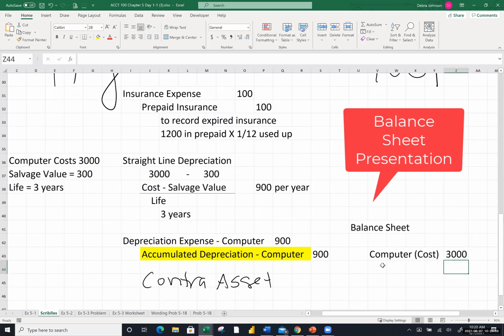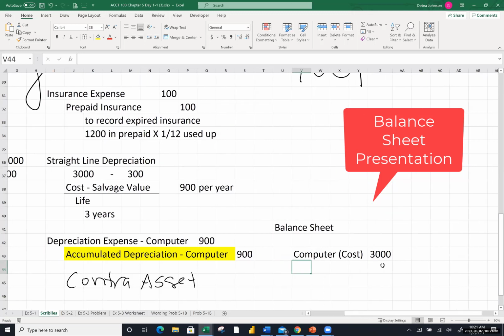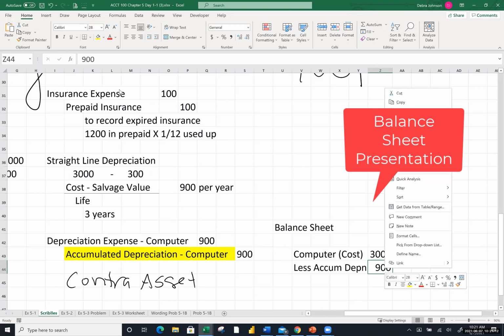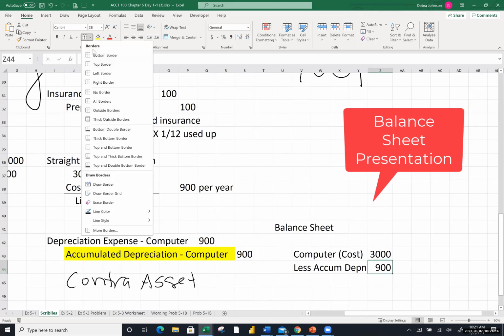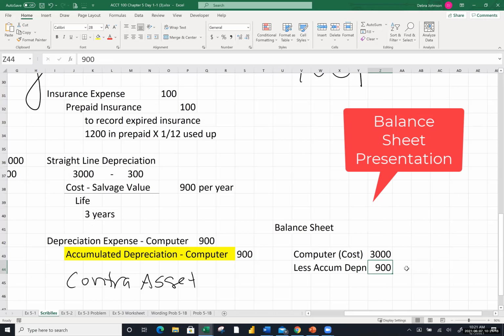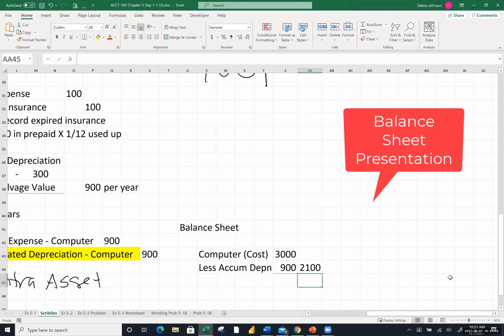And then directly below it on the balance sheet, you'll see this, less accumulated depreciation. And after 1 year, that would be 900. And then directly out to the right of this, you would see the value of that computer on the books now would be $2,100. This is what we call the book value.